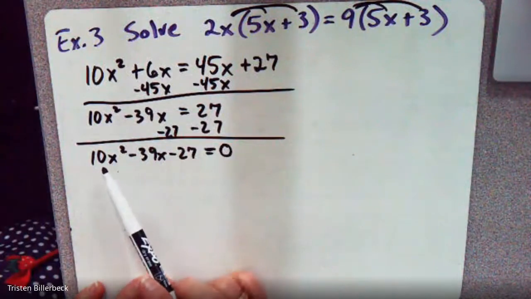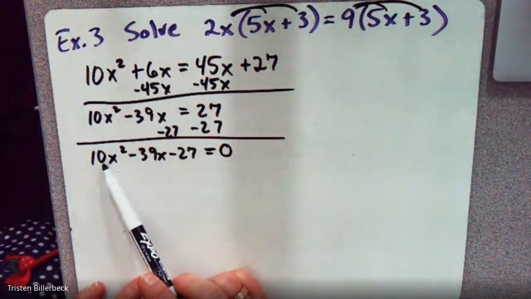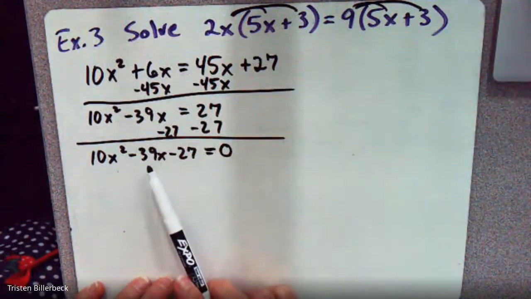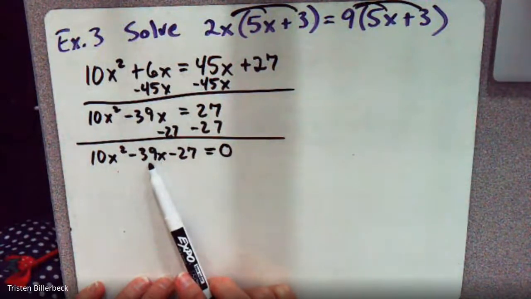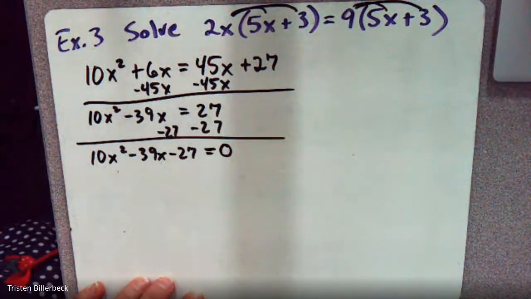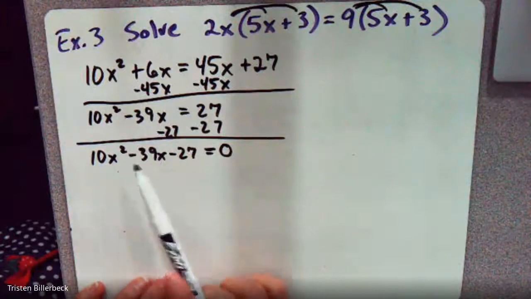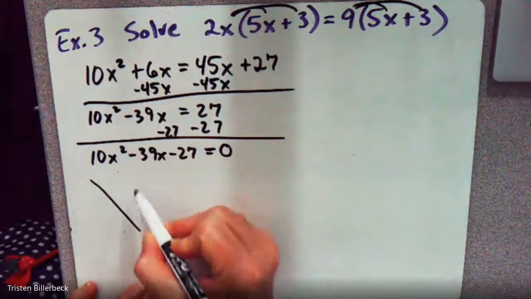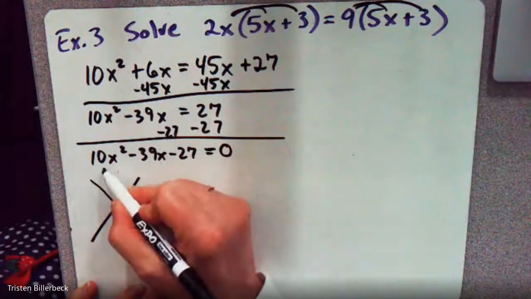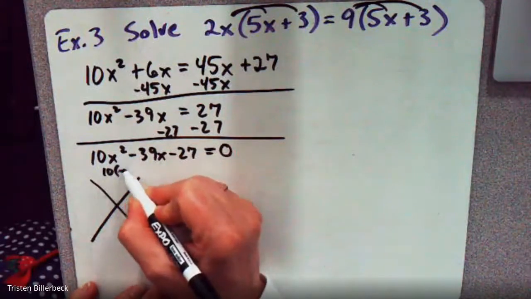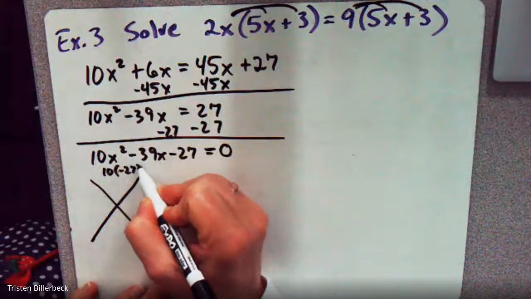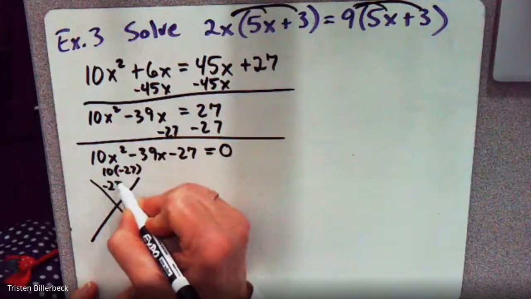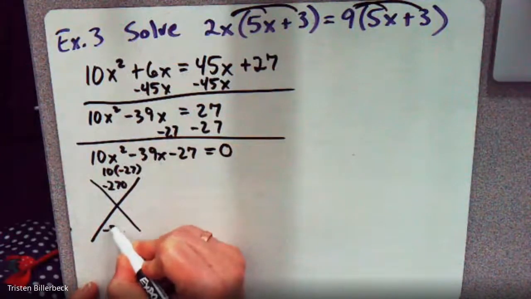Okay, so if we look at this, this is not divisible by 3 or 13, and 3 times 13 is 39. So we don't have a common factor to remove. So now let's do the diamond box. We're going to have some big numbers here. We're multiplying 10 times negative 27, which is negative 270, and negative 39.